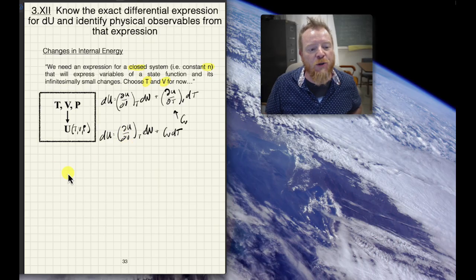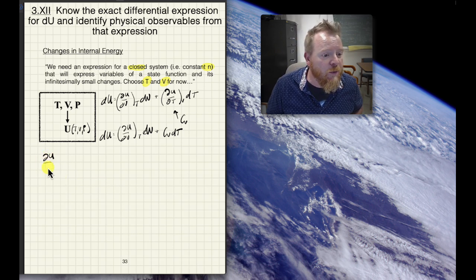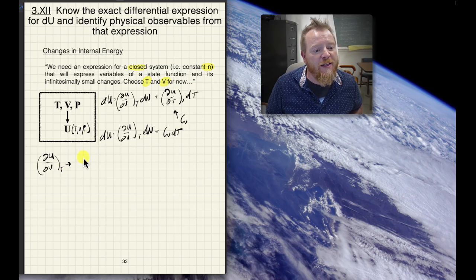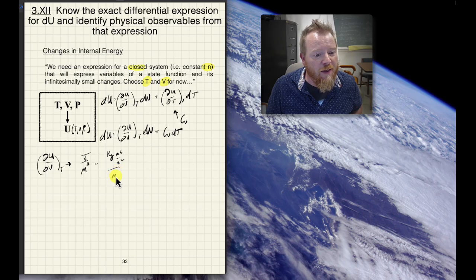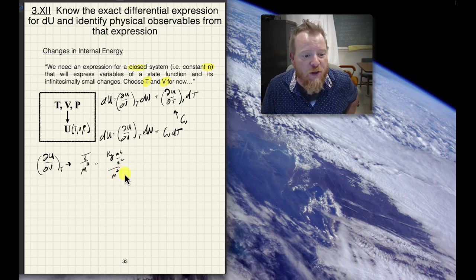So the first thing we'll do is look at the units. Okay, so if we look at those units, we can see that's going to be a joule per meter cubed. So recall a joule is a kilogram meter squared per second squared, and then divided by a meter cubed.